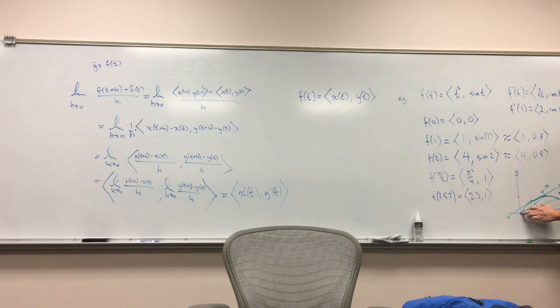One thing I said before back in trigonometry is that a vector is determined by the magnitude and direction, but it's independent of the position. So as long as I keep the same magnitude and direction, I have the freedom to put it wherever I want. And if you put it right here, it's going to be a perfect tangent vector. Right? So this is my tangent vector. And that's what this gives me. But it's a function of t.